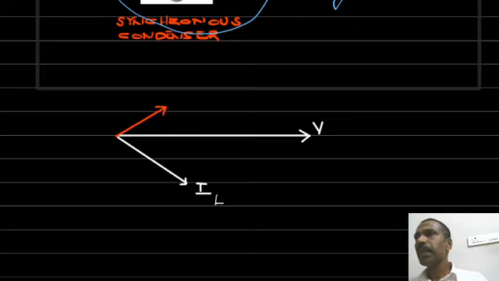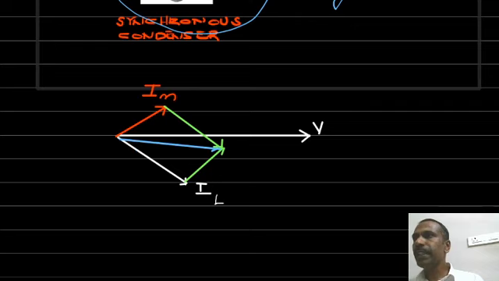What is the resultant of these two currents? You have to draw the parallelogram. Now this is the resultant current. Initially this was our initial power factor. Let it be phi1. Now what is the power factor? The phase angle is reduced. This is phi2.